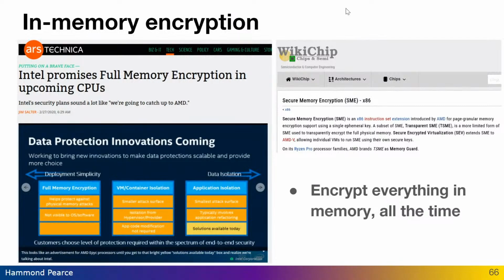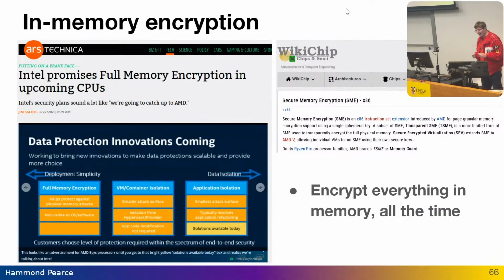Okay, I talked a little bit about in-memory encryption before. Intel has announced that they want to do it. Sure. They want to encrypt everything all the time in memory to try and prevent stuff from being compromised. AMD already has some extensions that do this. Does it work?